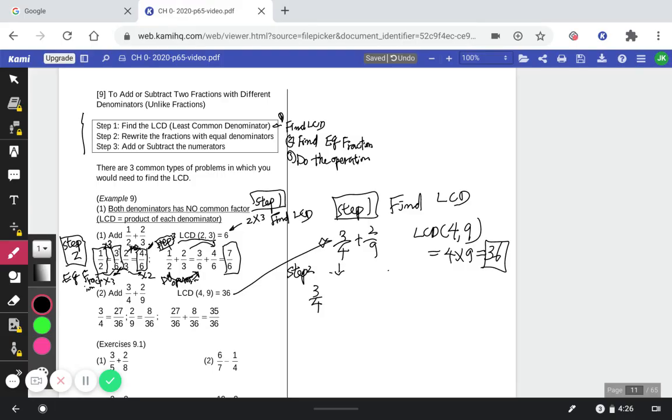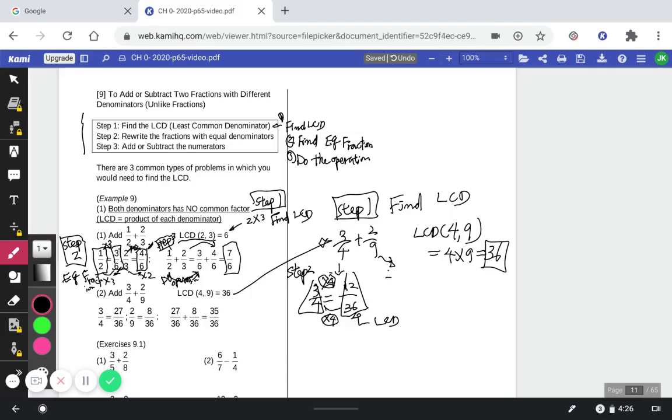So 3/4, you have to find in terms of 36, because that was the LCD.